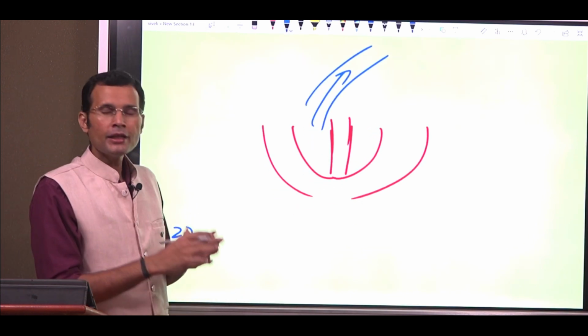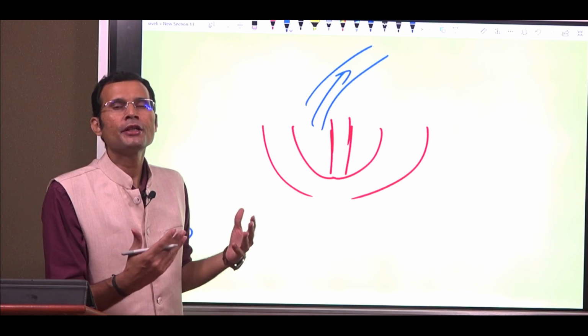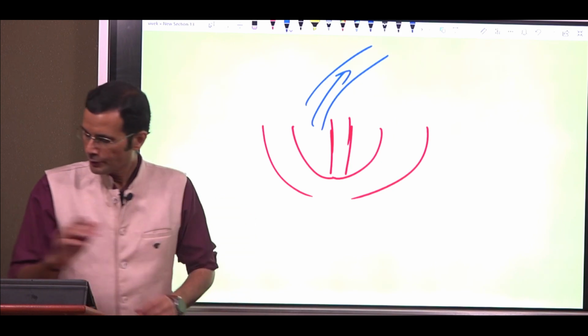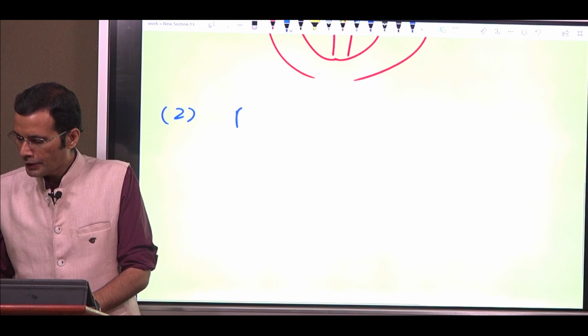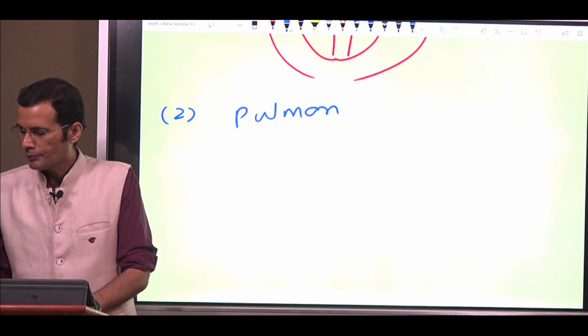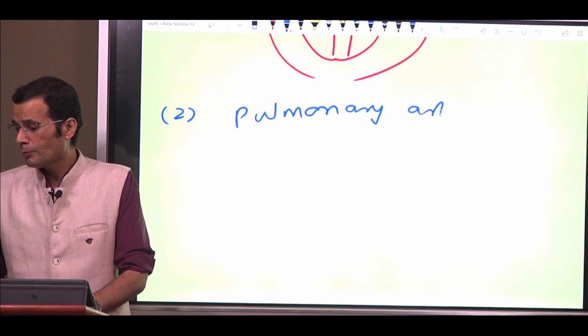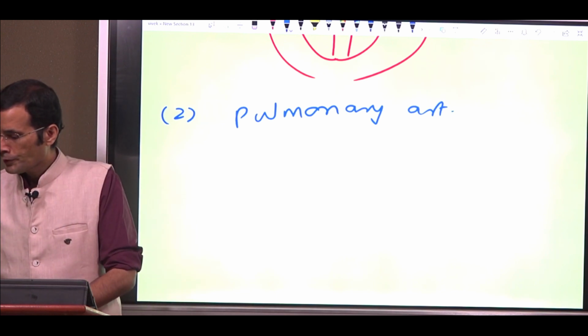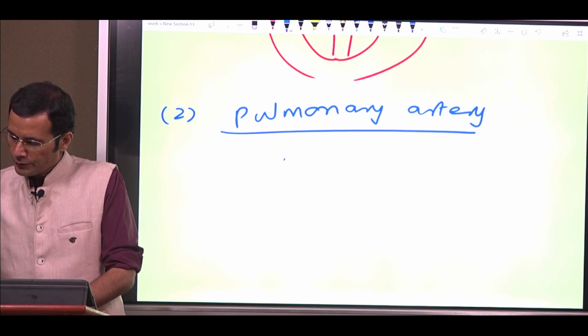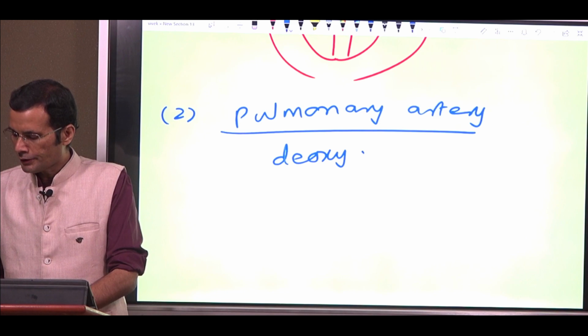Second point, again a very basic point, you must have already read about it: the pulmonary artery, which arises from the right ventricle, carries deoxygenated blood.